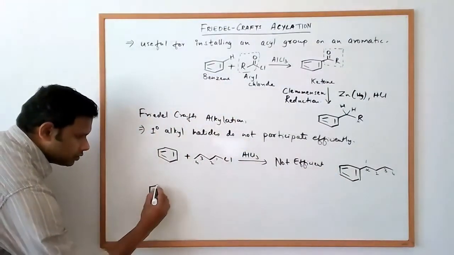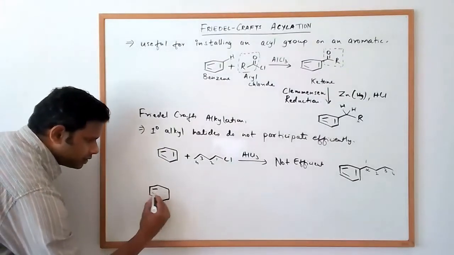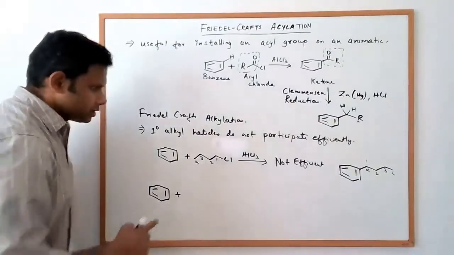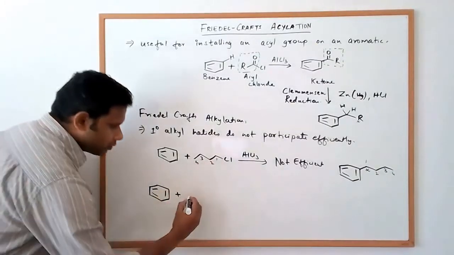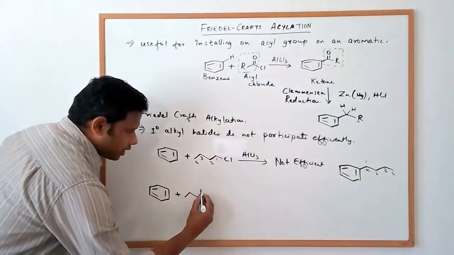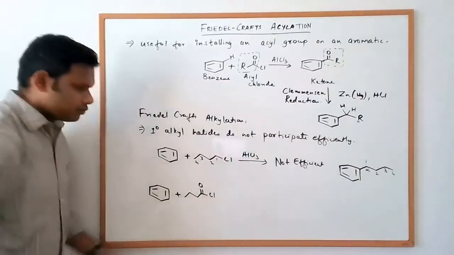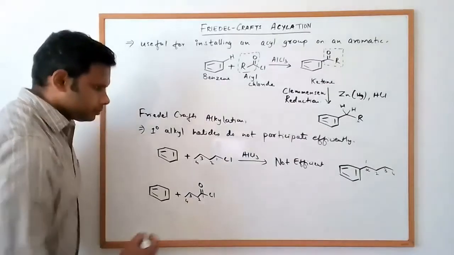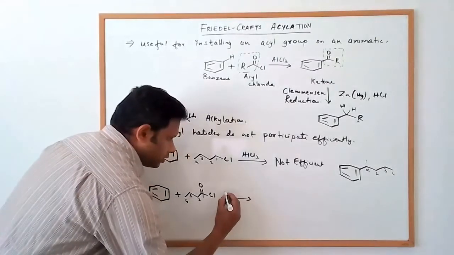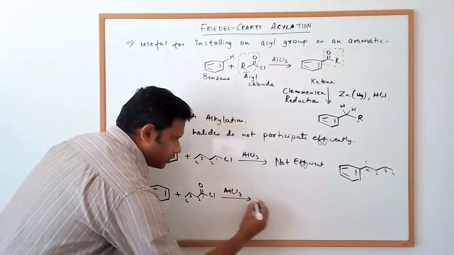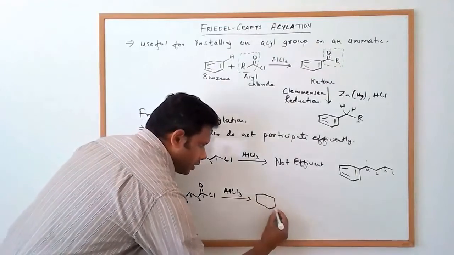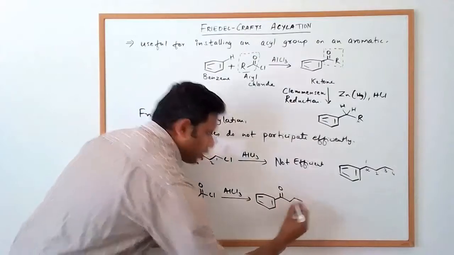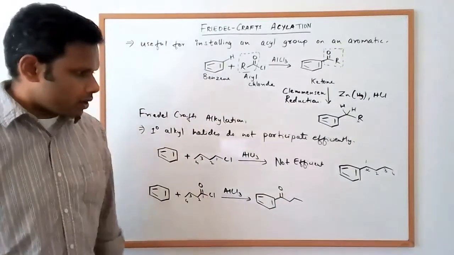But what I can do is I can take benzene and do acylation on it instead. So since I need 4 carbons, I will use an acyl chloride which has 4 carbons in it. 1, 2, 3, 4. And this reaction is going to work, and it would give us the acylated compound or the ketone product.